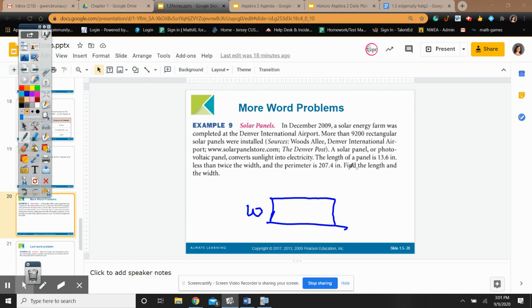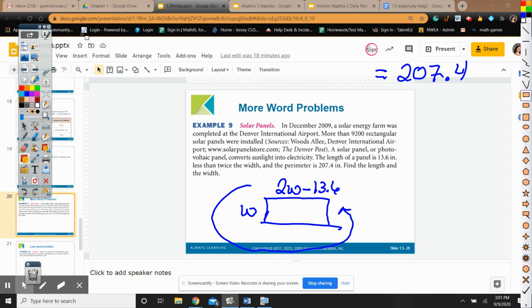This is 13.6 less than twice the width. So twice the width minus 13.6. The perimeter is 207.4. Perimeter goes all the way around. So that equals 207.4. What is the length and the width?